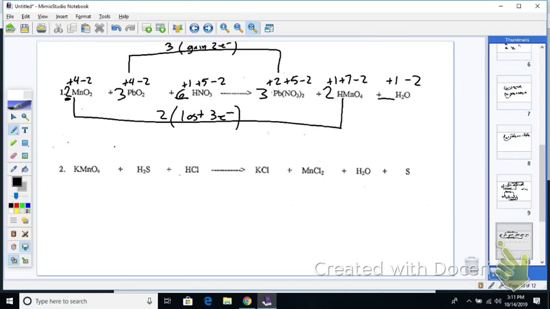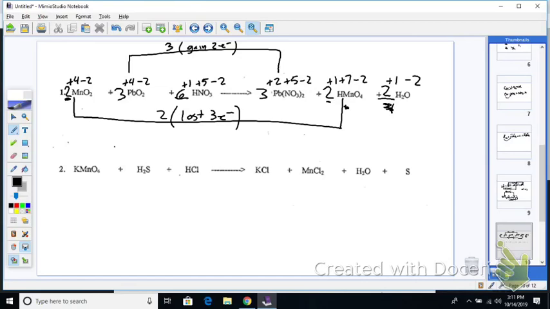On the right side, how many do we have? 4. We have a 2 in front of this one. And we're not going to change that number. So to get our total of 6, what do we have to put in front of water? A 2. Now we got 4 here, and we got 2 here, so that's 6. So that balances.